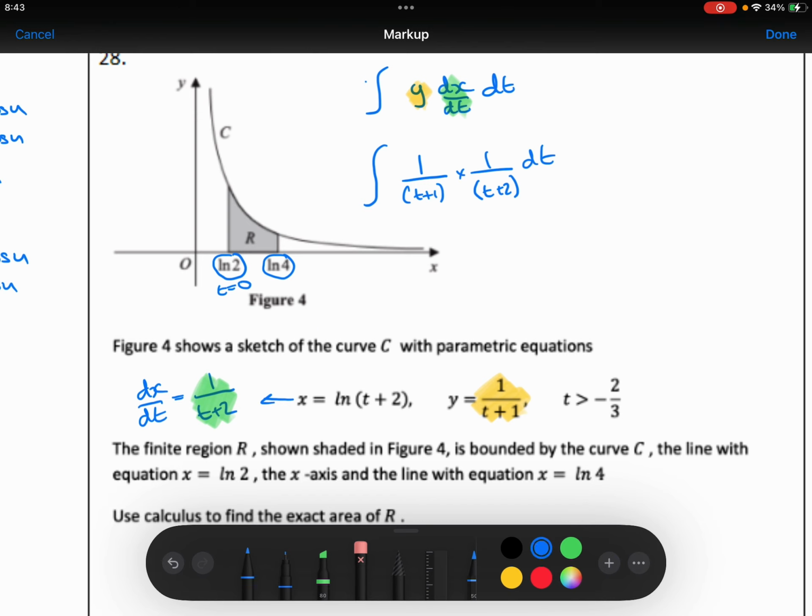Similarly, when x is ln4, ln4 equals ln of t plus 2. Then t plus 2 has to be equal to 4, so t is going to be 2. So I have my lower limit of t, which is 0, and my upper limit of t, which is 2.